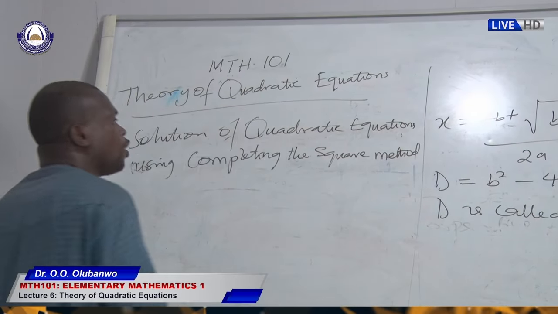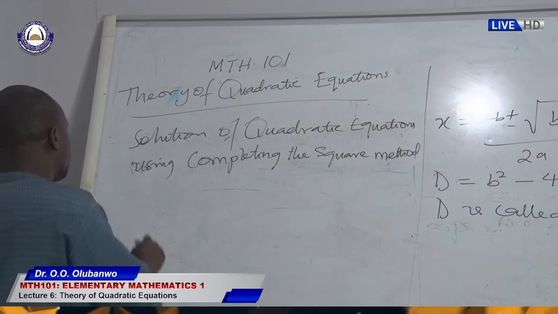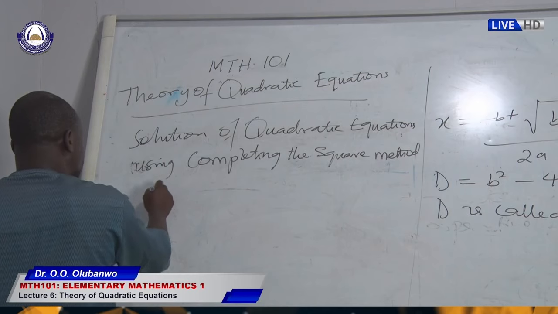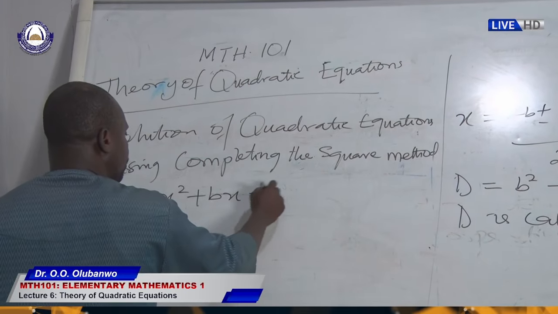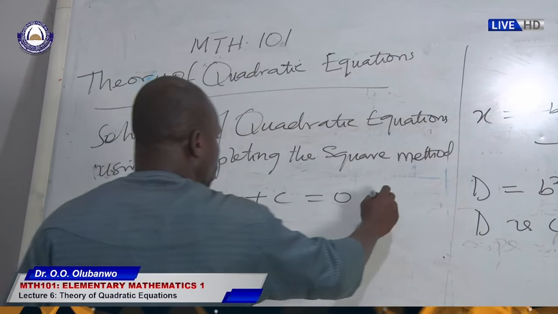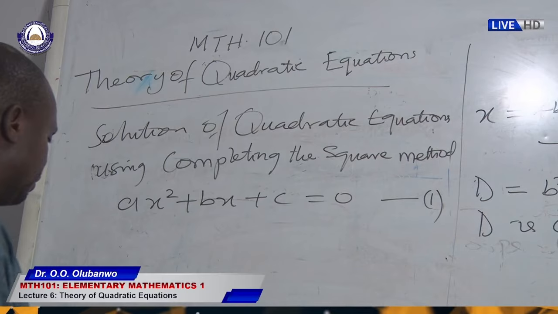Now, we'll follow the principle line by line. Let's label our equation 1 to be ax squared plus bx plus c equals 0. Let's label this as our equation 1.